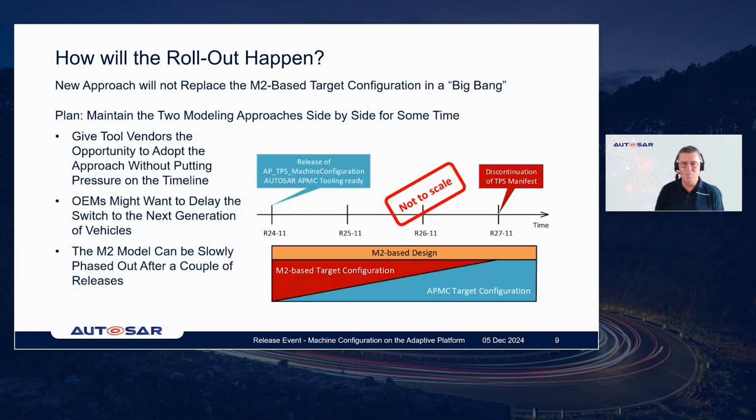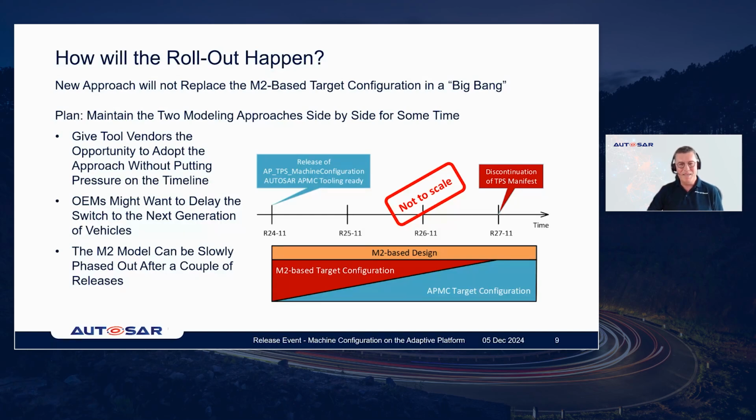So they will have to plan a point in time when they can switch over to the new approach. And in the meantime, they can get familiar with the new approach and gain some confidence in what it can deliver. But in the end, after we reached a full coverage of APMC, we will reach a milestone in which the TPS manifest is no longer needed and can be discontinued. But as I mentioned here, I have no idea when this will happen.